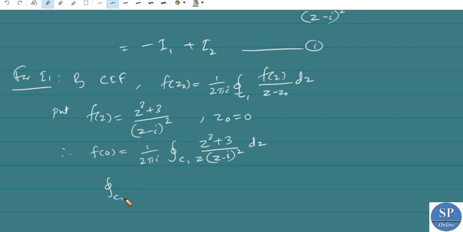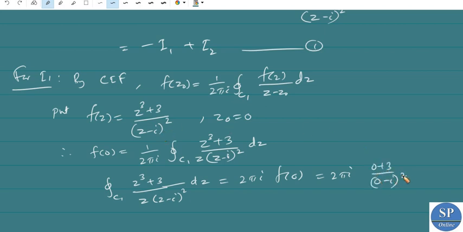So this integral over C1 of (z cube plus 3) divided by z into (z minus i) whole square, dz is equal to 2 pi i into f of 0, where f of 0 is (0 plus 3) divided by (0 minus i) whole square. So this is 2 pi i into 3 divided by i square. i square is negative 1, that is minus 6 pi i, right?